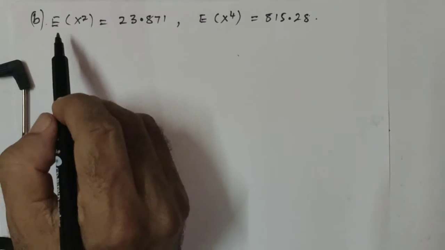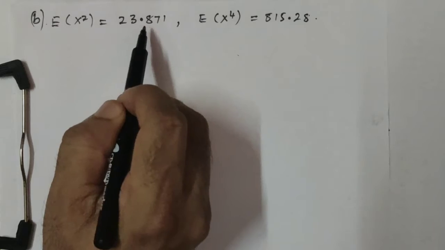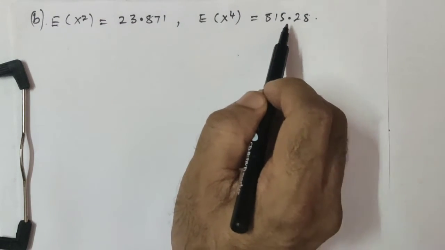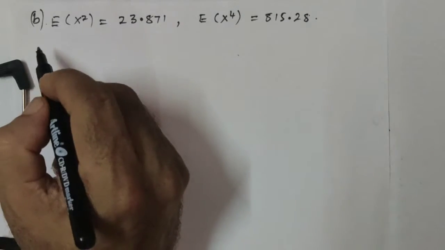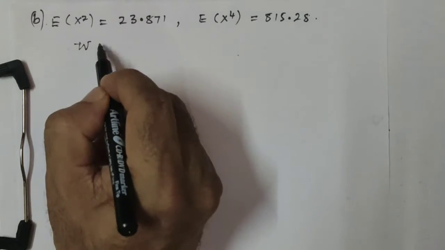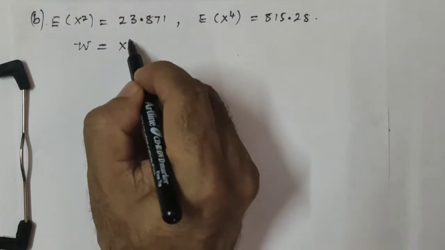So we already found the expected value of x square equal to 23.871, and the expected value of x power 4 is equal to 815.28.